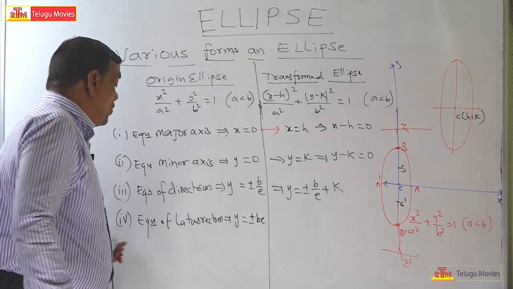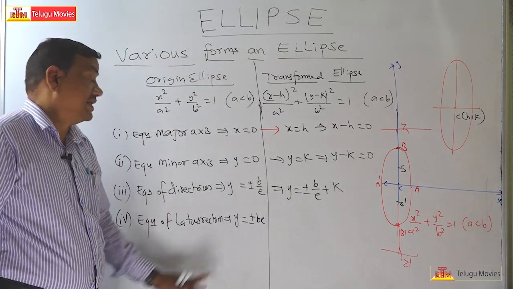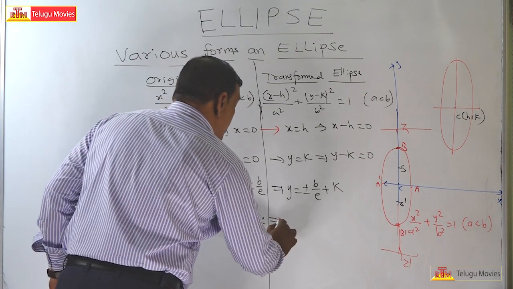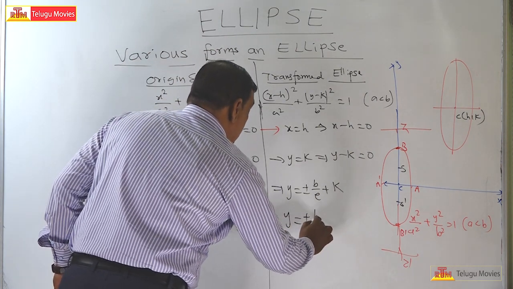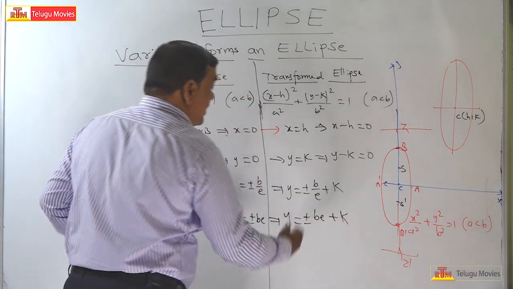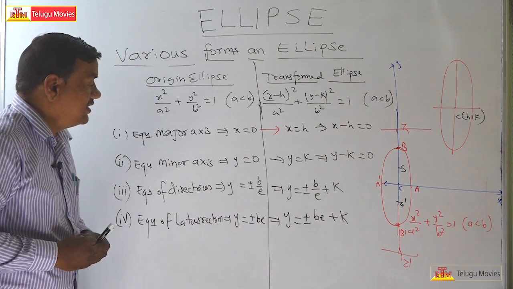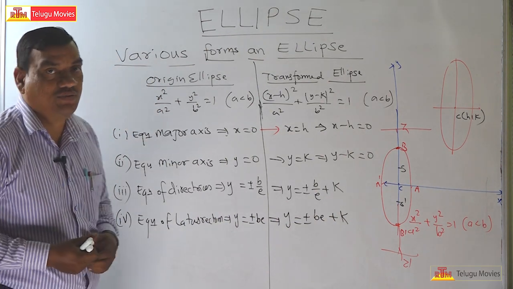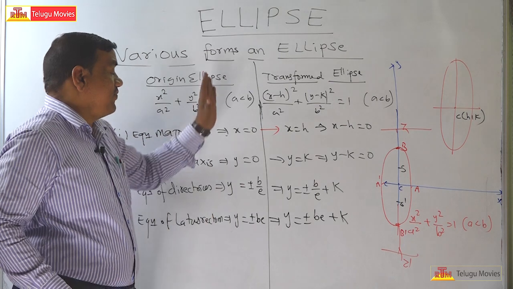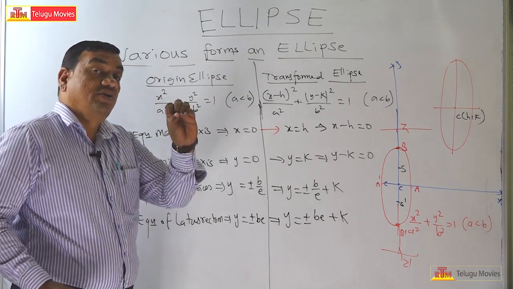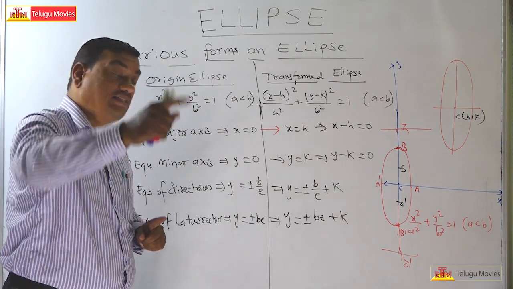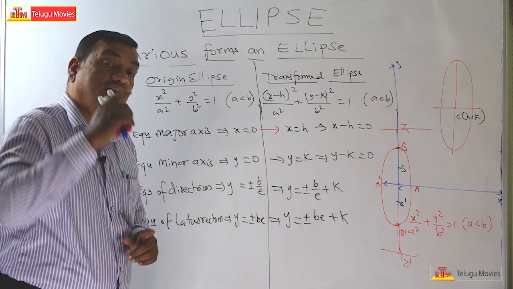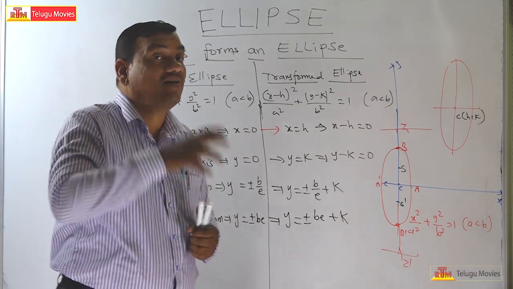Now the equation of the latus rectum: y is equal to plus or minus b e plus k. You can bring those quantities to the left hand side. So what you remember is, for all these equations, if an x term is there, you add h. If a y term is there, you add k to the right side of the equation.